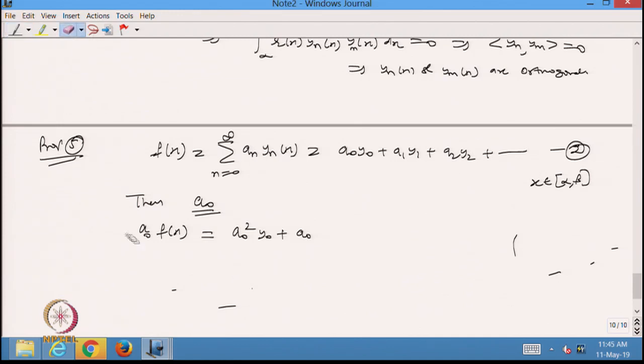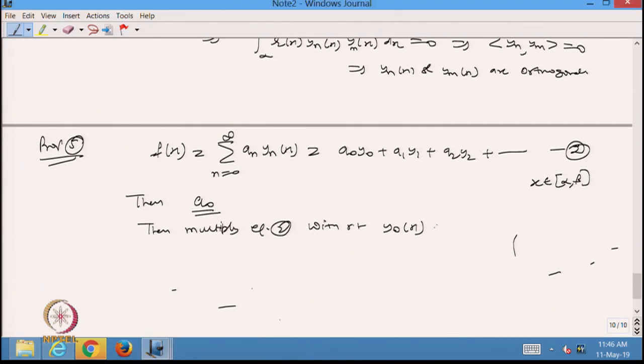Then, multiplying equation 2 with respect to the function y 0 x.